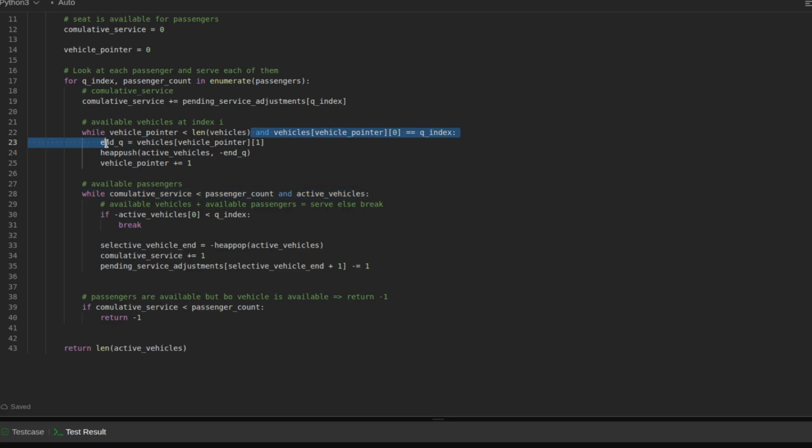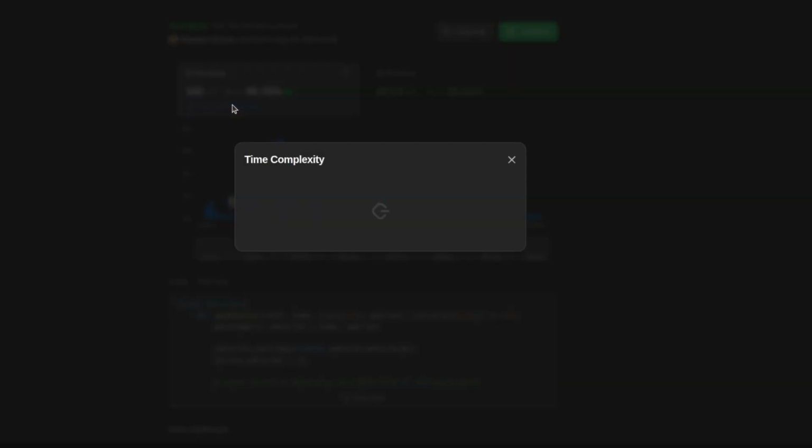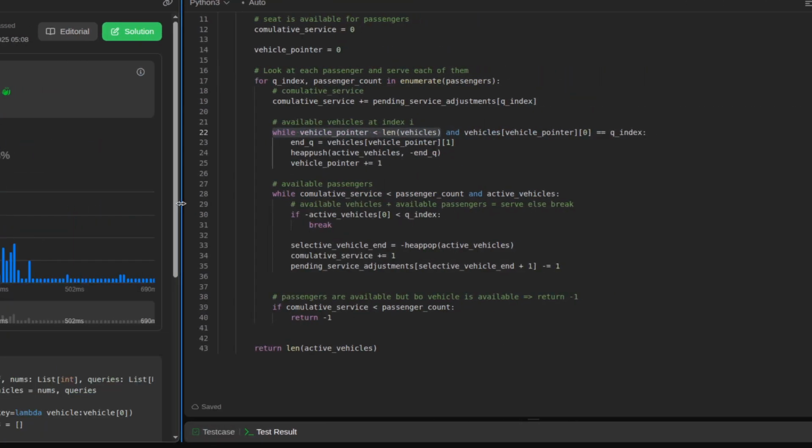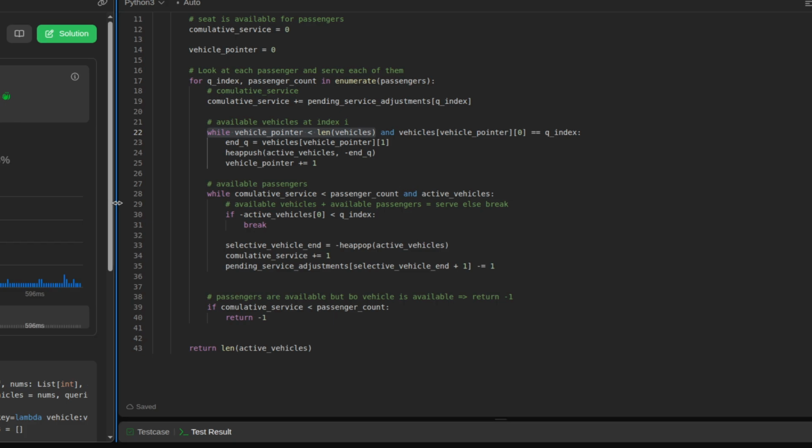And length of vehicle pointer, so I think that order of n square is the time complexity. Let us analyze it. No, it's not order of n square, it is m log m plus order of n. So I don't know how m log m has been calculated.